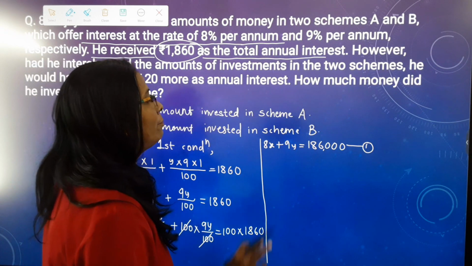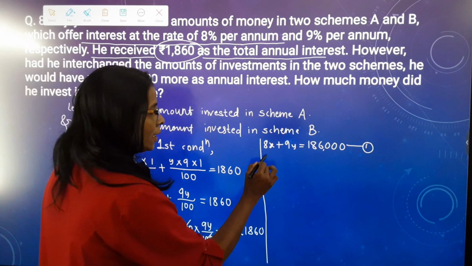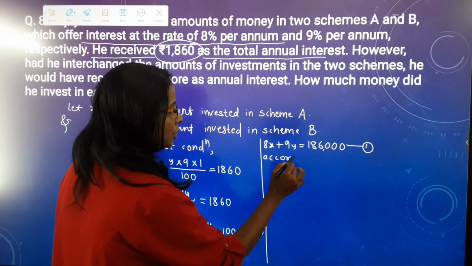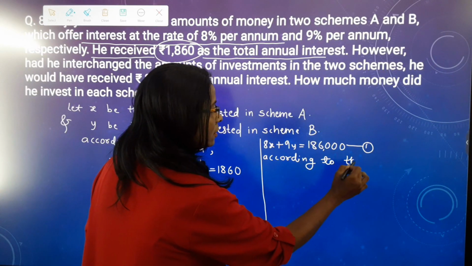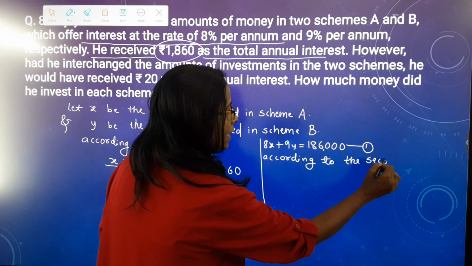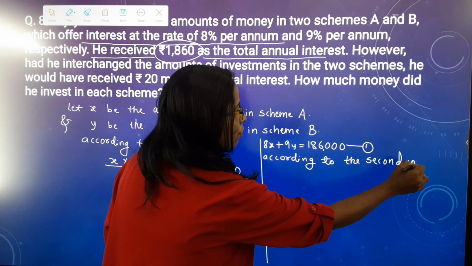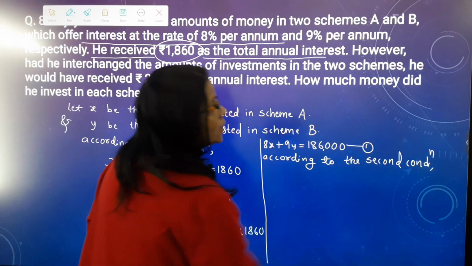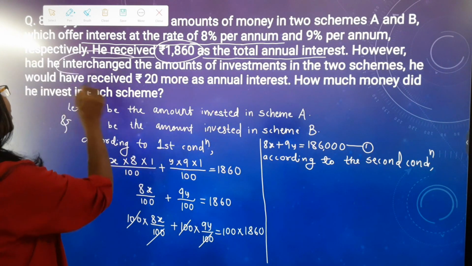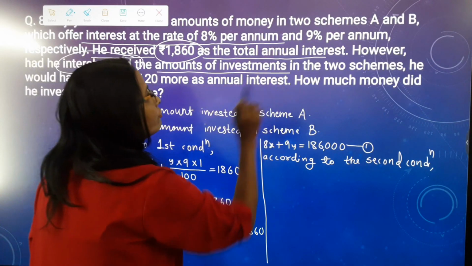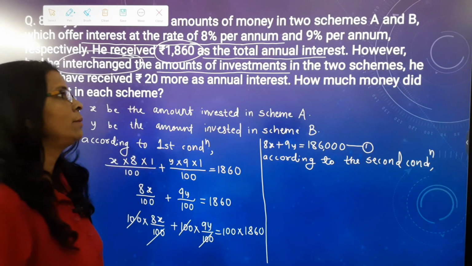Then apply the second condition. According to the second condition, what was the second condition, students? The second condition is to interchange the amounts of investment in the two schemes.